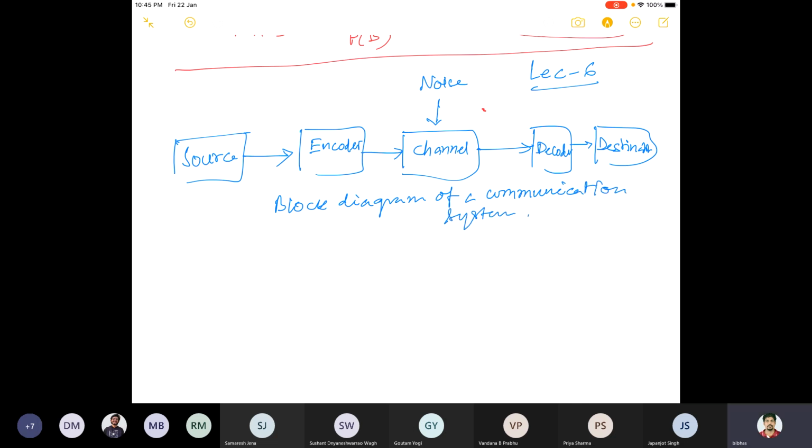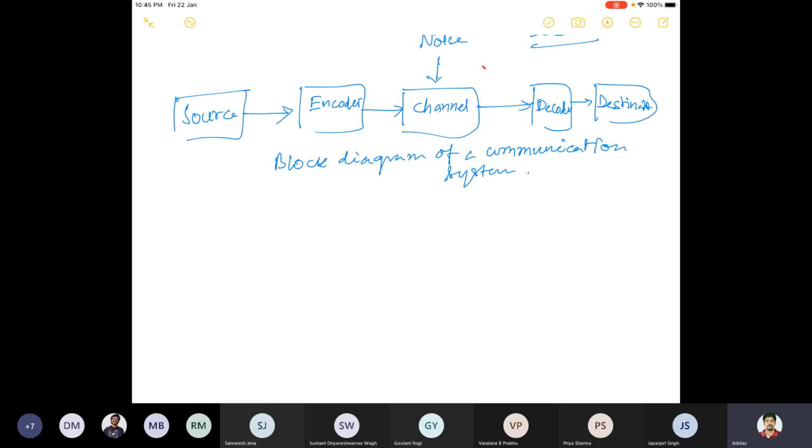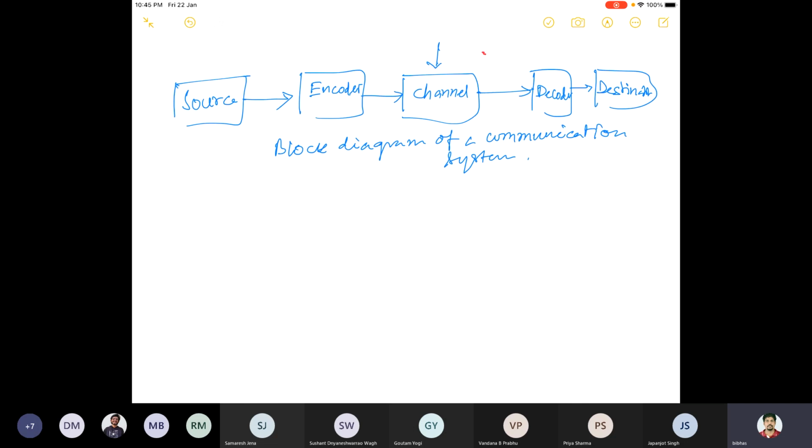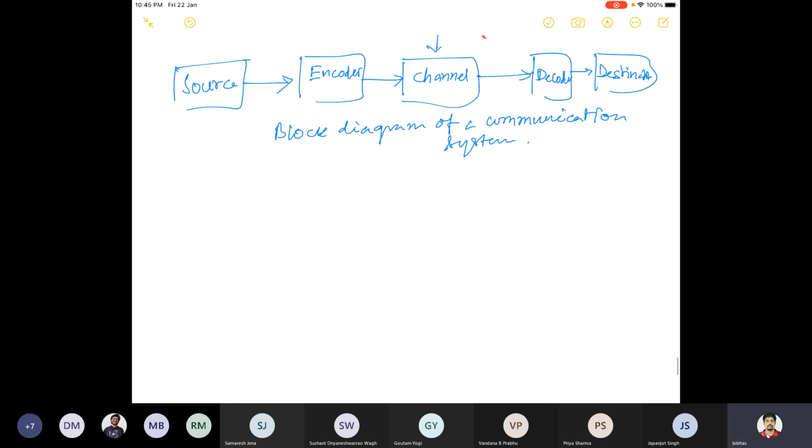Now, if you go a little bit further in depth, we'll see that it can be represented in a way much closer to reality, or I can include some more blocks to understand what is happening.